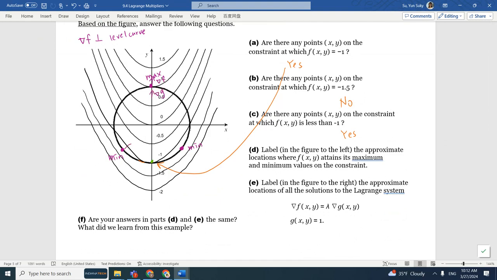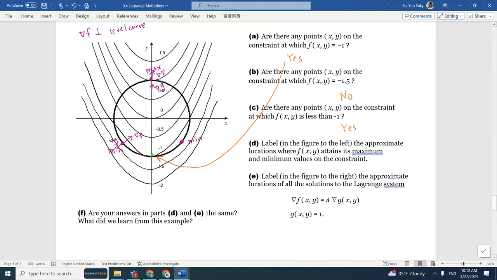Like here, the gradient of f and gradient of g, they are parallel. That's why we have the Lagrange system. We have the gradient of f is parallel to gradient of g. It means it's a scalar multiple of the gradient of g. So this is the vector multiple.